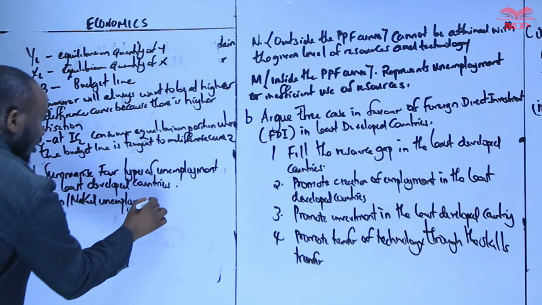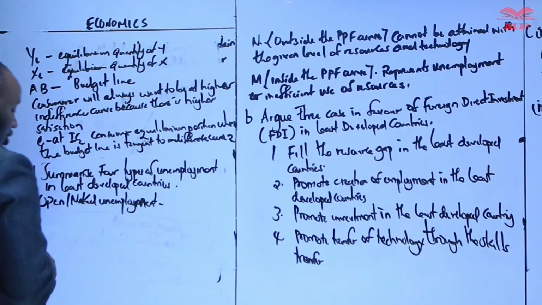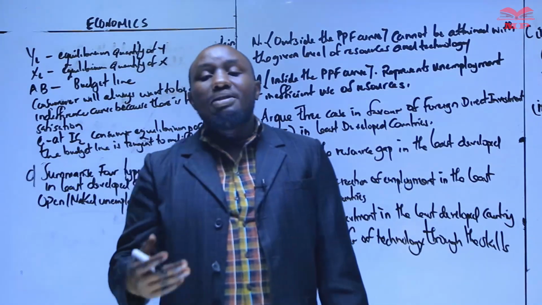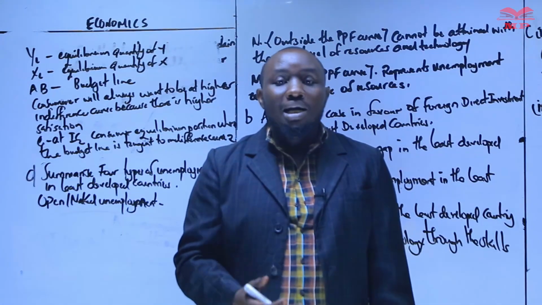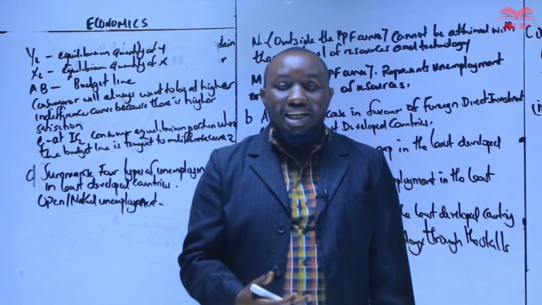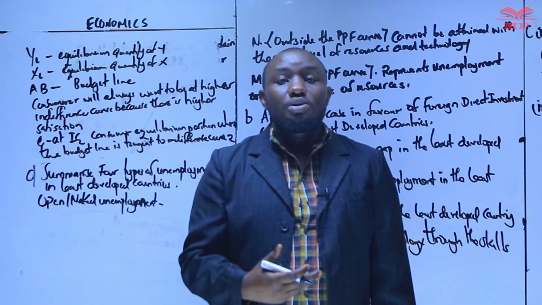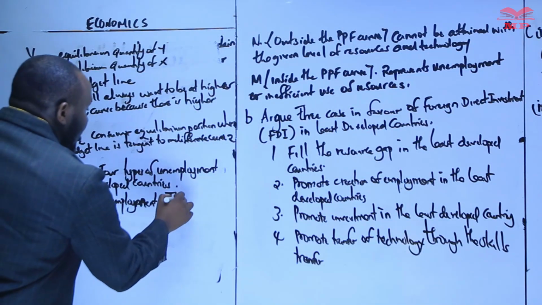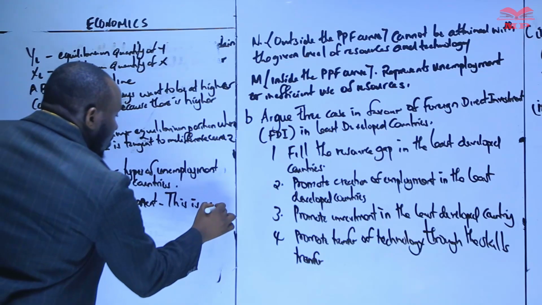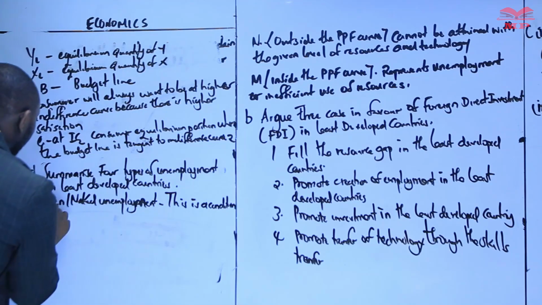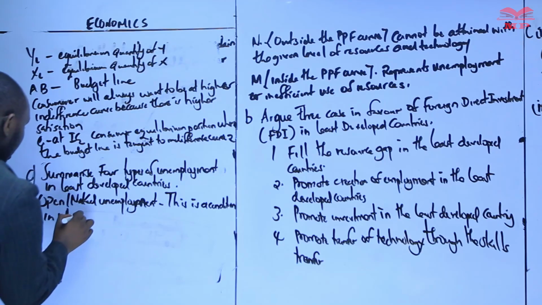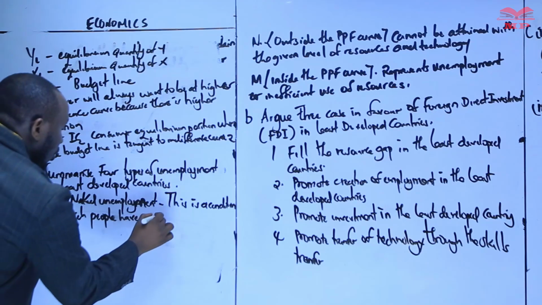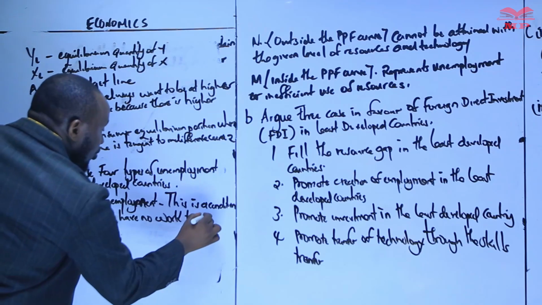Naked unemployment. Whenever we talk about naked unemployment, we are basically saying that people are willing to work, but there is no work to do. And that we experience in least developed countries. This is a condition in which people have no work to do.